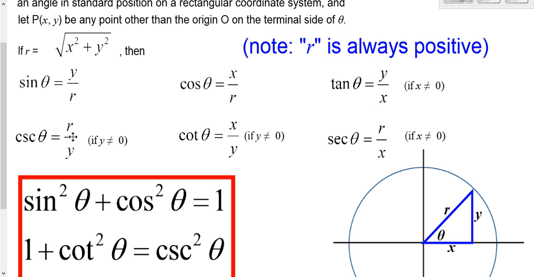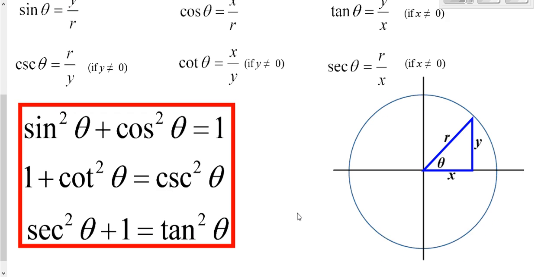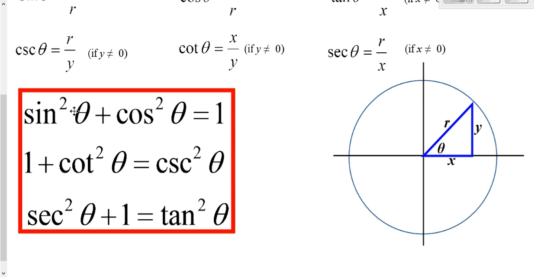Then you have the reciprocal functions. Remember, the reciprocal of sine is cosecant, so that's r over y. The reciprocal of cosine is secant, so that's r over x, and the reciprocal of tangent is cotangent, so that's x over y. Another thing you're going to need to be aware of are these three main Pythagorean identities.